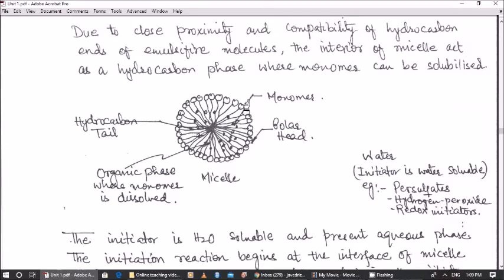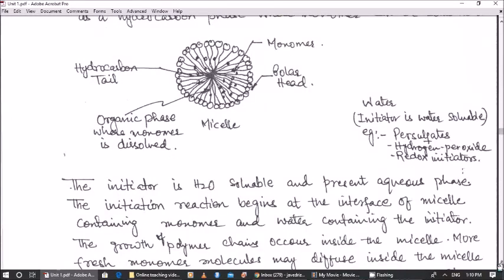In the micelle, all the polar heads are situated at the outside boundary and the non-polar hydrocarbon chains form a hydrocarbon or organic medium in which monomer, which itself is an organic substance, can be easily dissolved. So micelles can solubilize the monomer inside the micelle. Outside the micelles, water is present.